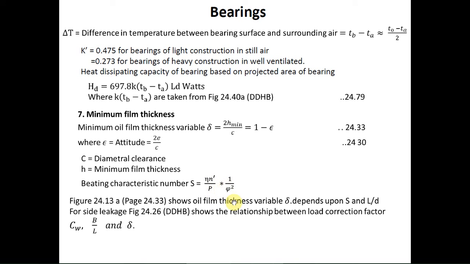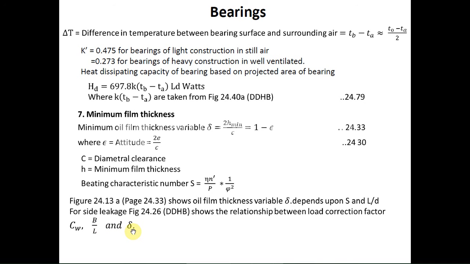Figure 24.13a shows the oil film thickness variable delta depends upon S and L by D for side leakage. And for side leakage, figure 24.26 from the data handbook shows the relationship between the load correction factor and delta.